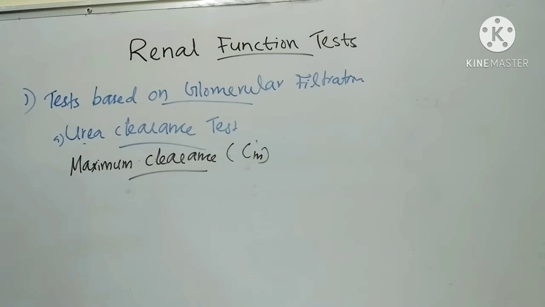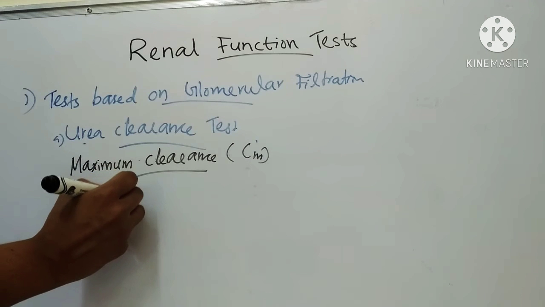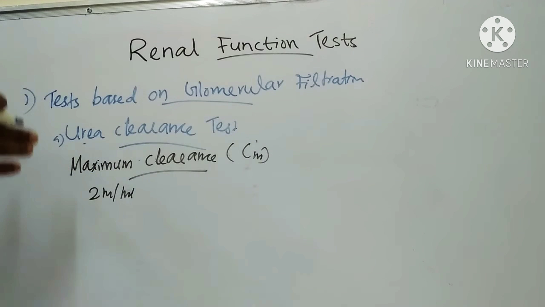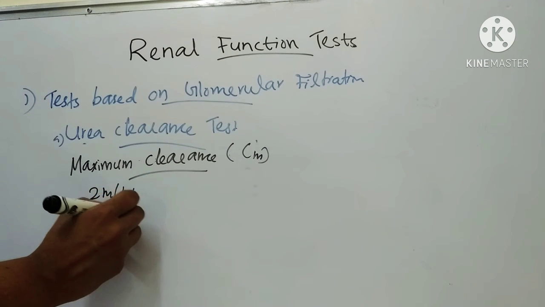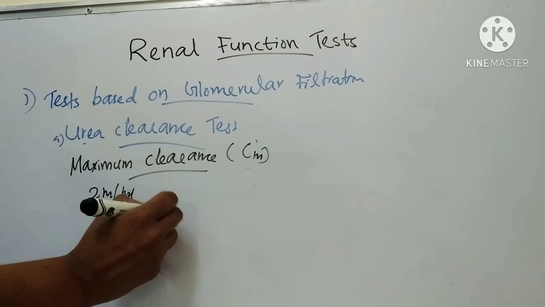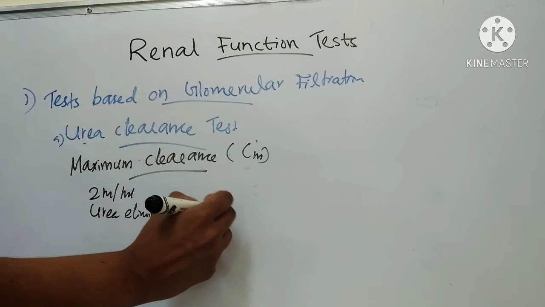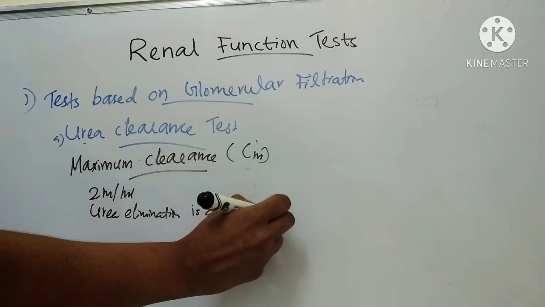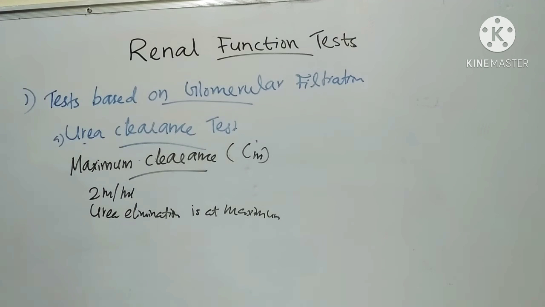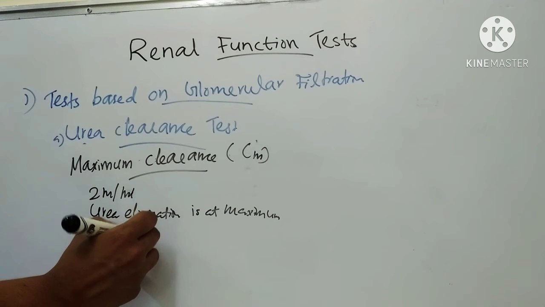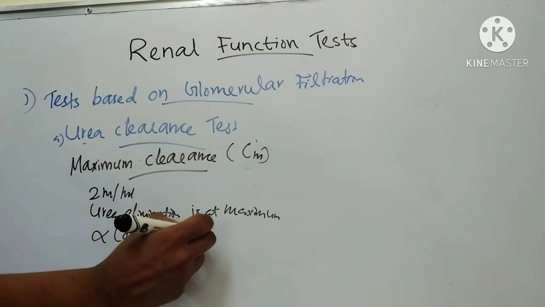If the urine volume exceeds 2 ml per minute, the rate of urea elimination is at a maximum, and this is proportional to the concentration of urea in blood.